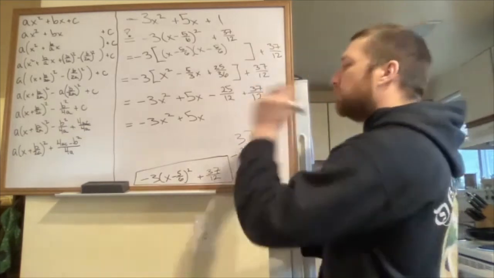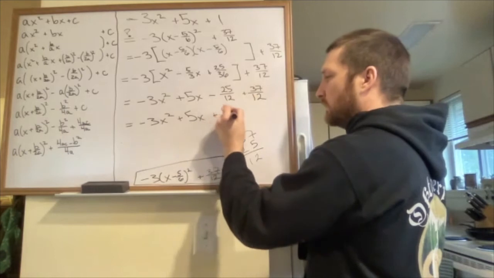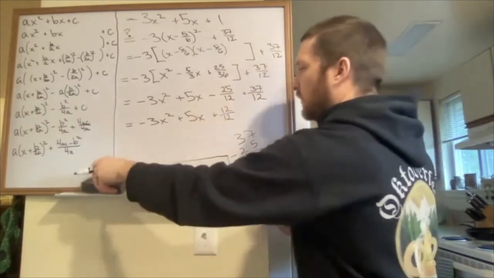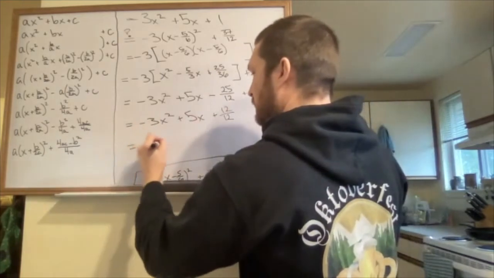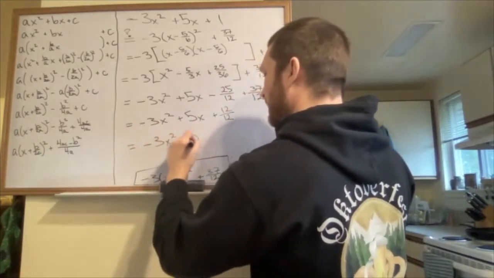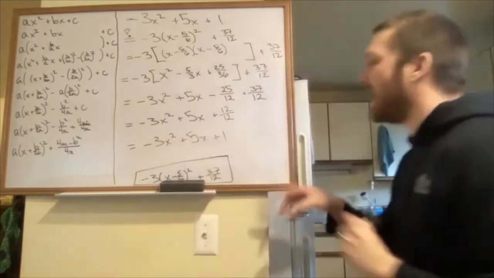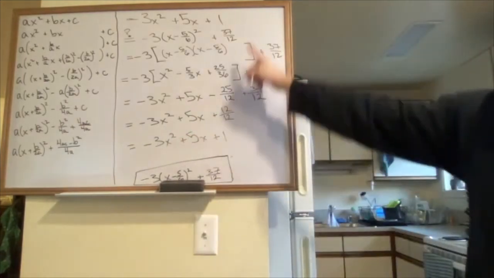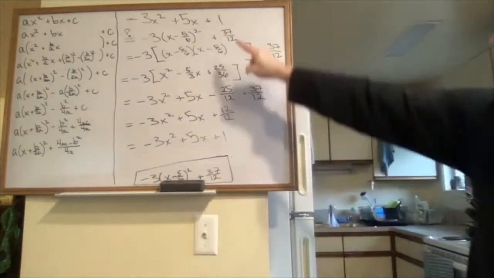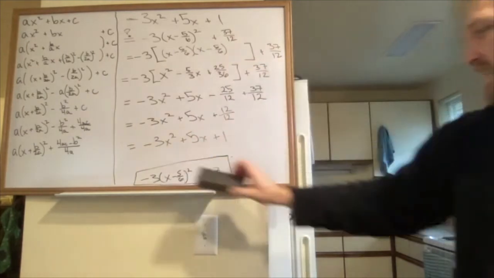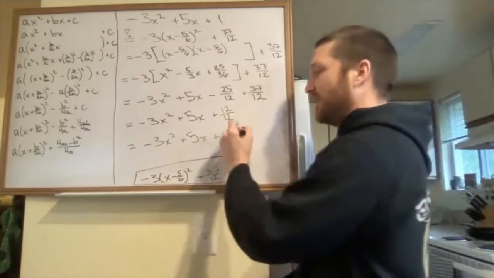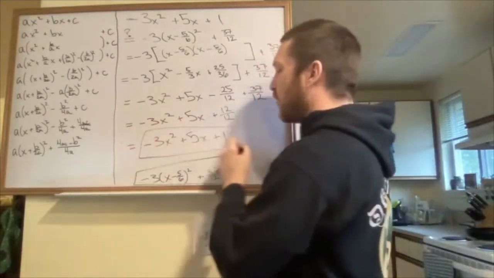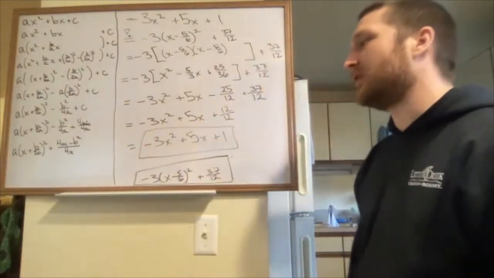Okay, so plus 12/12, which is just 1. So minus 3x squared plus 5x plus 1. Is that what we started off with? Yes, indeed. This thing written all crazy like that is exactly equal. There's no difference between that and the original thing that you started off with.